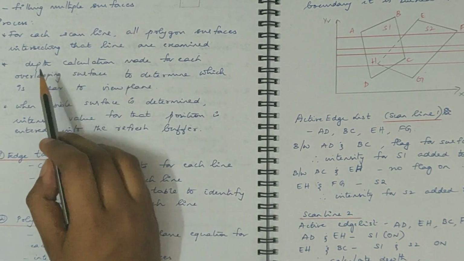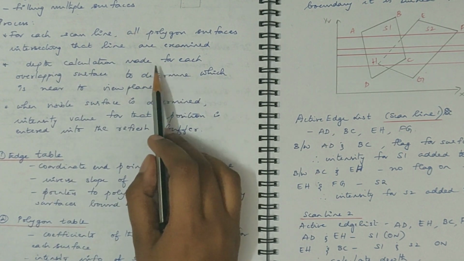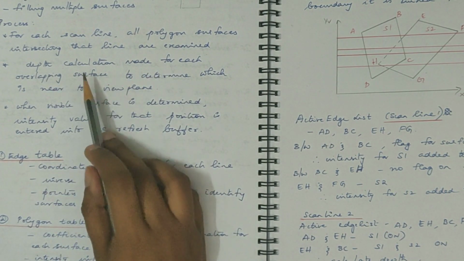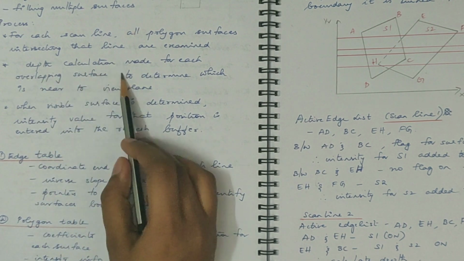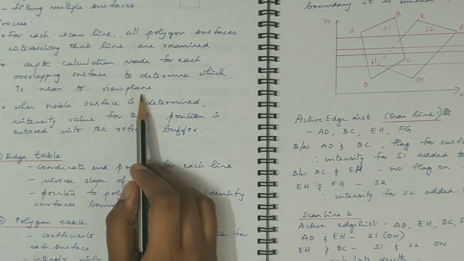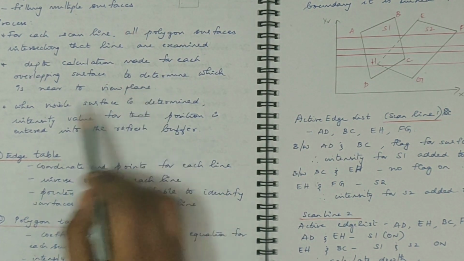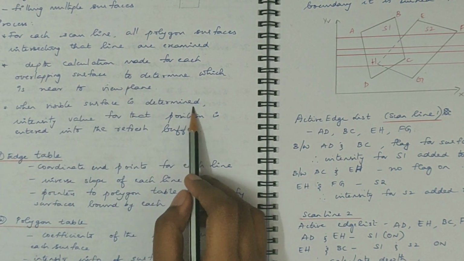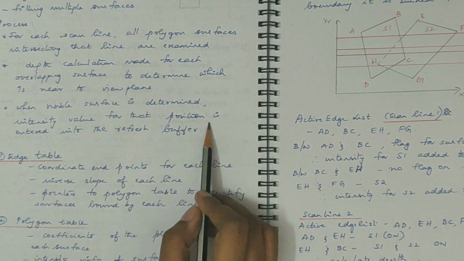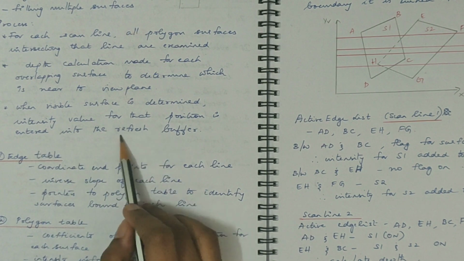Then we will calculate the depth for each overlapping surface. Suppose there is an overlapping surface, then we will calculate the depth of each of those surfaces to determine which is nearer to the view plane, that is, to determine which surface is visible. Once the visible surface is determined, the intensity value for that surface, for that position, is entered into the refresh buffer.